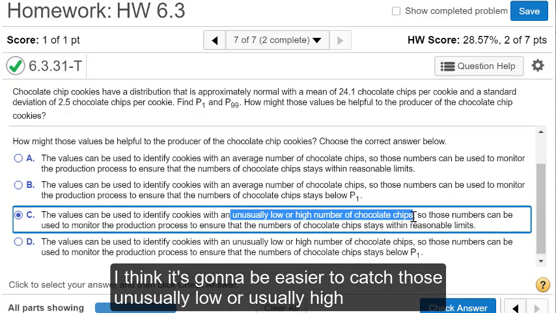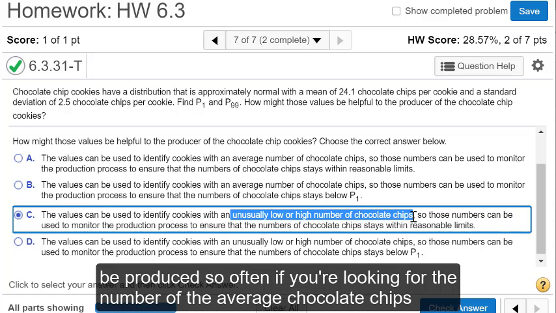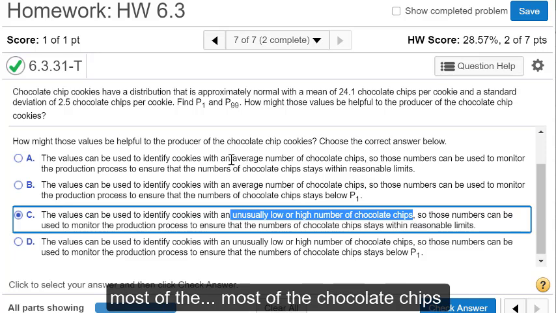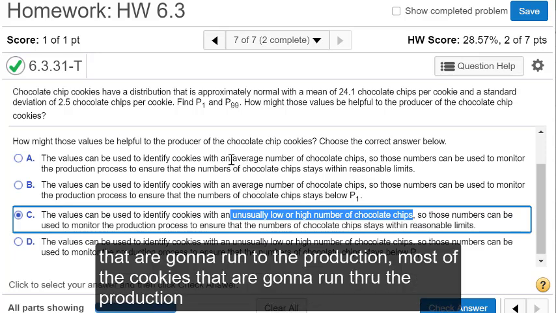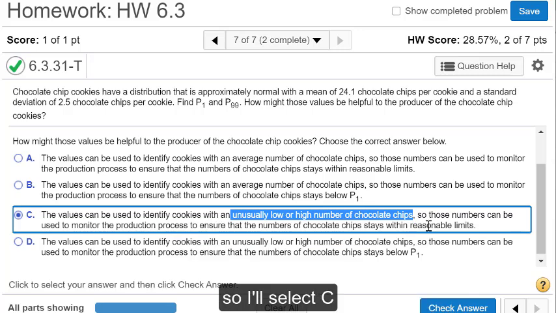I think it's going to be easier to catch those unusually low or unusually high because they would not be produced so often. Most of the cookies that are going to run through the production will be around average, and so we just want to make sure we catch the unusually low and unusually high numbers. So I'll select C.